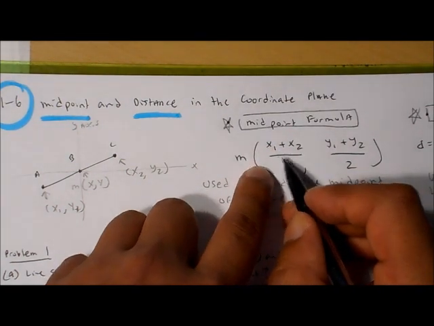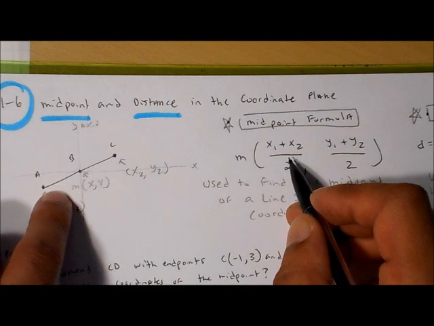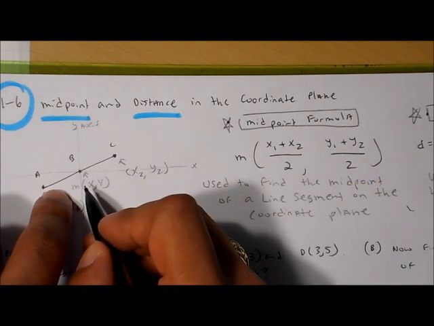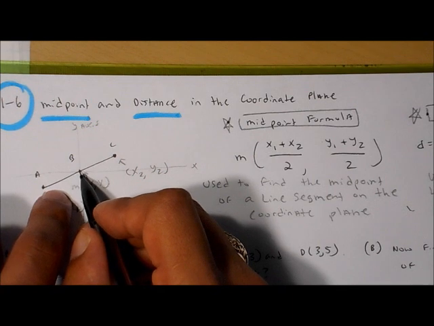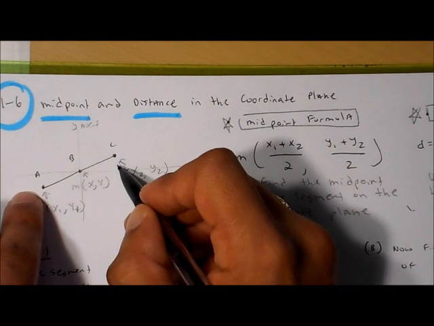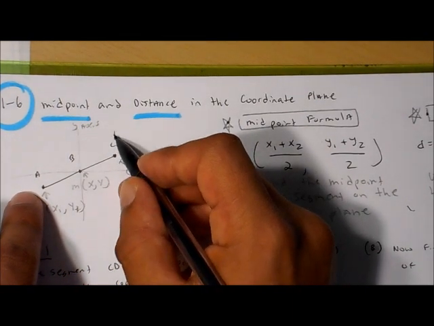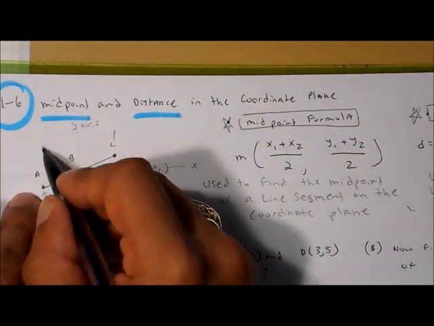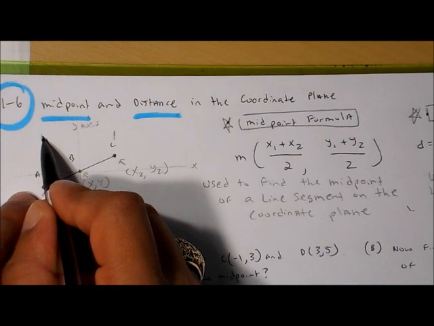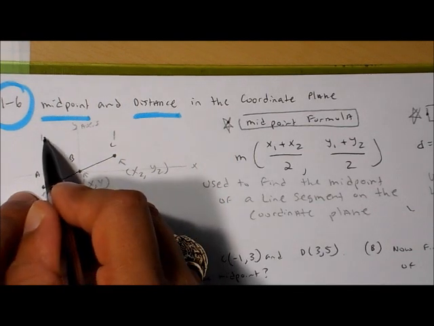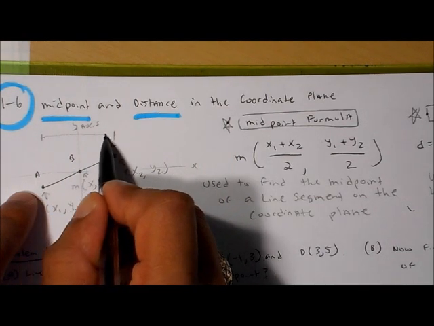The reason this comes out to be the x coordinate of the midpoint is that we're determining how long it is from C on the x-axis to A on the x-axis. And if you see from A to C, it's just like this straight line.